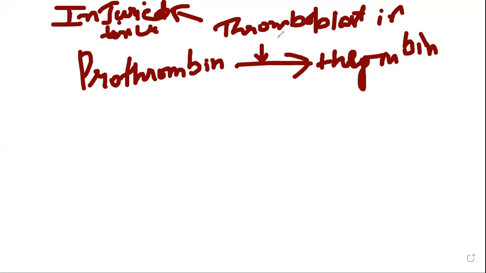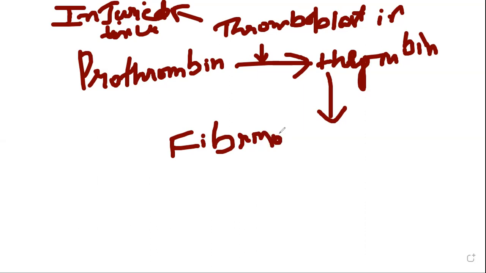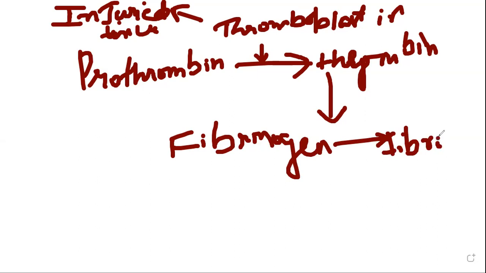That thromboplastin helps in conversion of prothrombin to thrombin. This thrombin helps in conversion of fibrinogen into fibrin. Here there is a requirement of calcium ions also. Therefore, thrombin is responsible for the clotting of the blood.